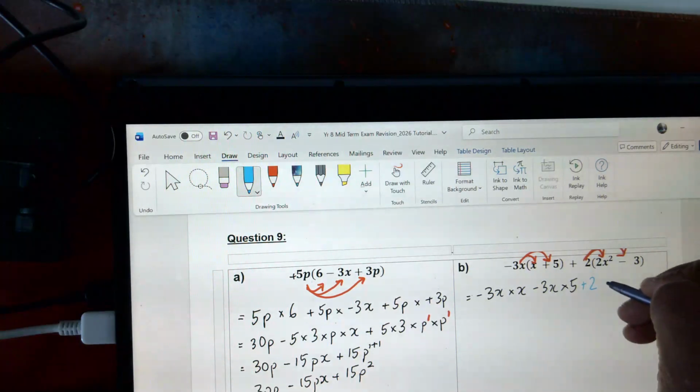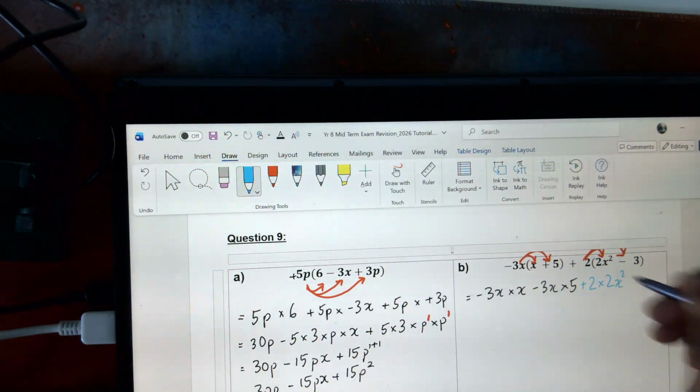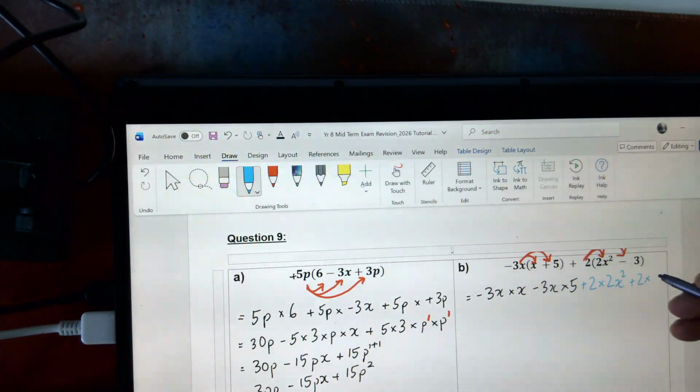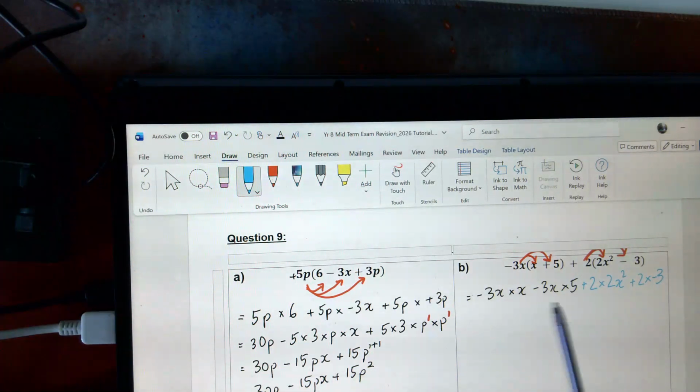So positive 2 times 2x squared, positive 2 times negative 3. So that's really what we're doing. We're doing the blue side and the black side. Even though it's the same question, it's the 2 bits that we have separated together.